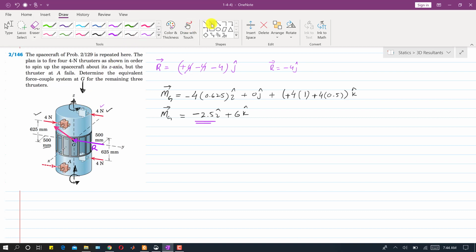Its one component will be in this direction, in the negative x, and its other component will be in the positive k direction. And this MG, the couple moment, is in the xz plane, remember. This is the solution of this problem.